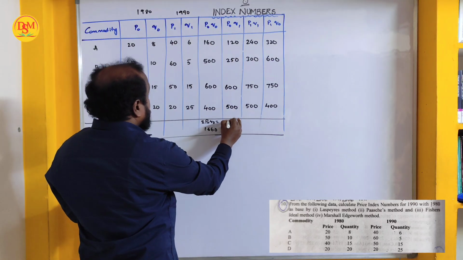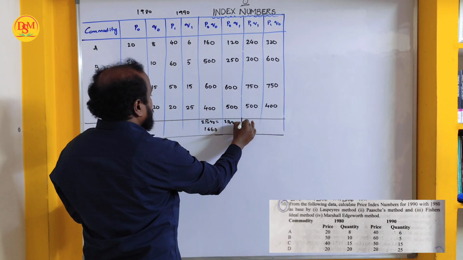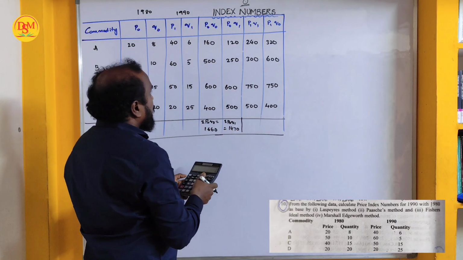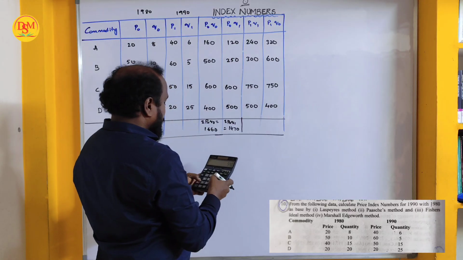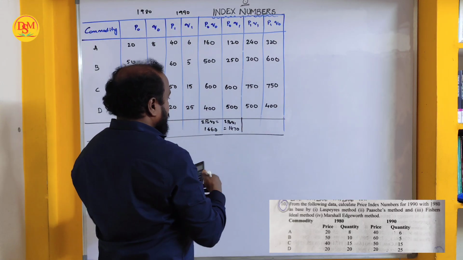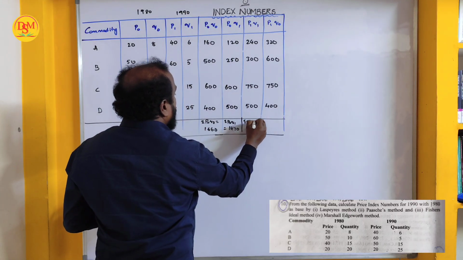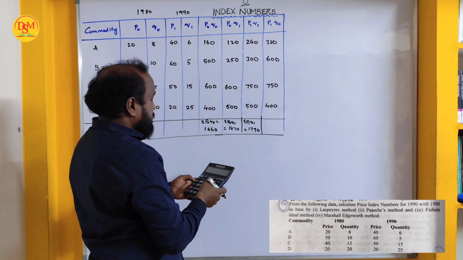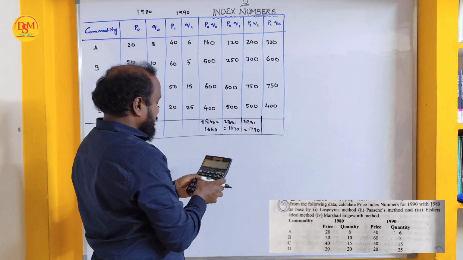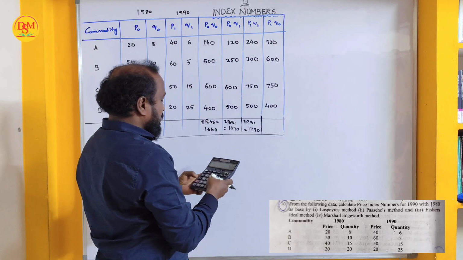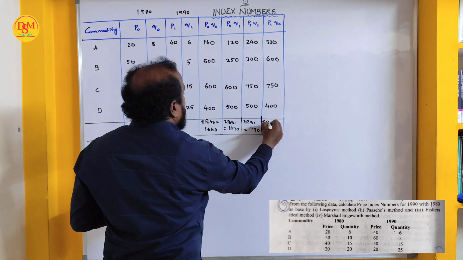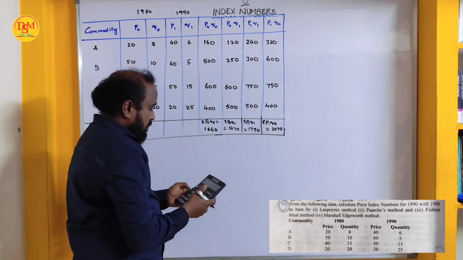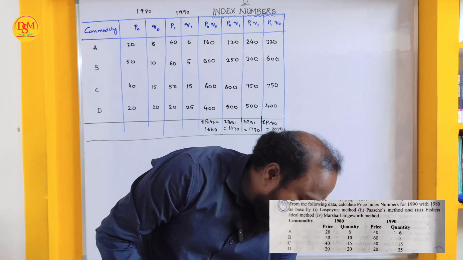The P0 Q1 total is 1470. Next 240 plus 300 plus 750 plus 500. The P1 Q1 total is 1790. Next is 320 plus 600 plus 750 plus 400. The P1 Q0 total is 2070. So now we have calculated the totals.